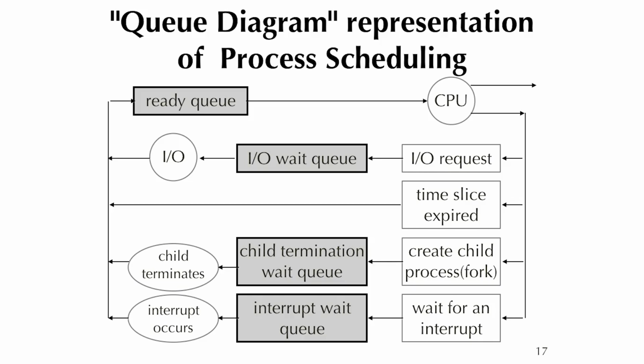Well, if it's not requesting anything else, it goes back to the ready queue, right? That means if the ready queue is empty, then it gets to run again. But if not, then it goes back and lets somebody else run. It could make a child process, and that's with a fork call, and then there's the wait queue requests, right? And then there's another wait queue for an interrupt, right?